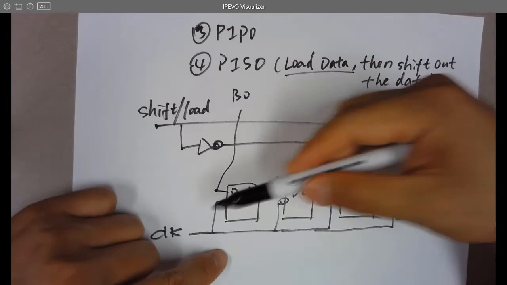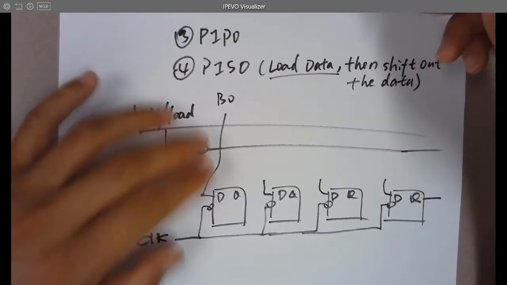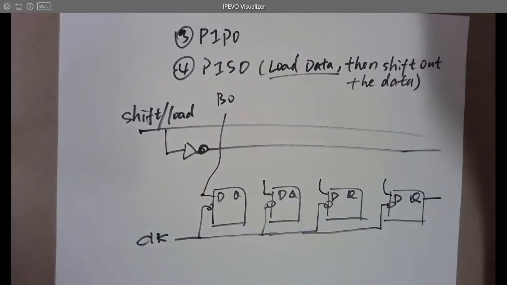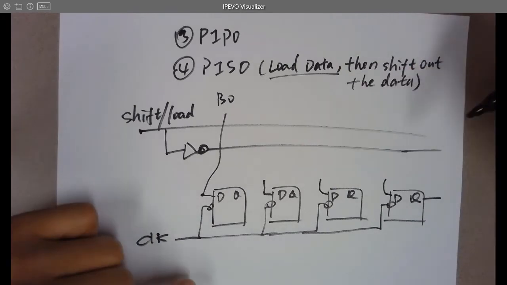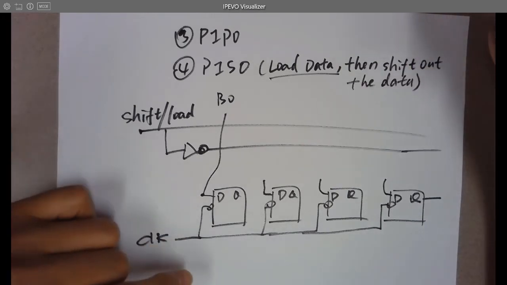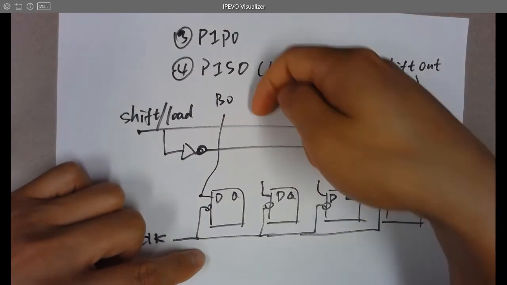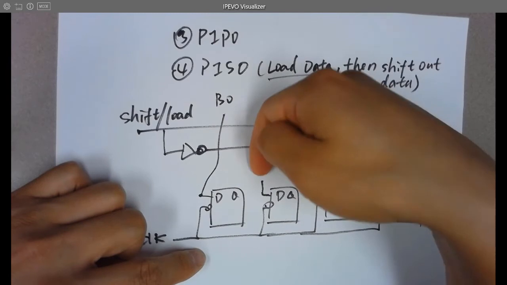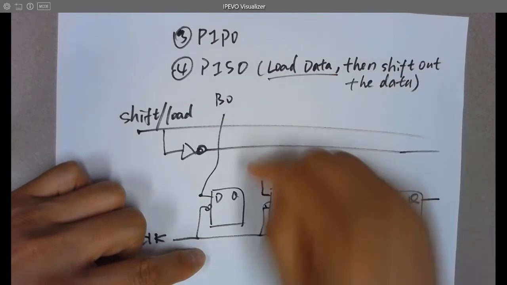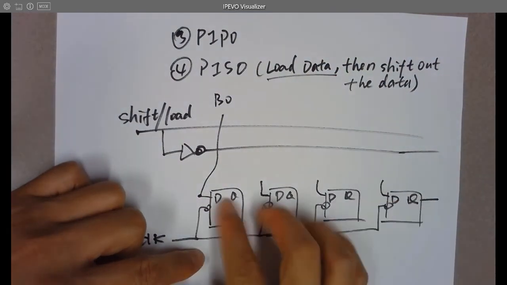So I have two control wires. I can choose to load or to shift, right? But in the beginning, I need to load it, which means the data should come from here. And then when it's being shifted, the data is coming from here.